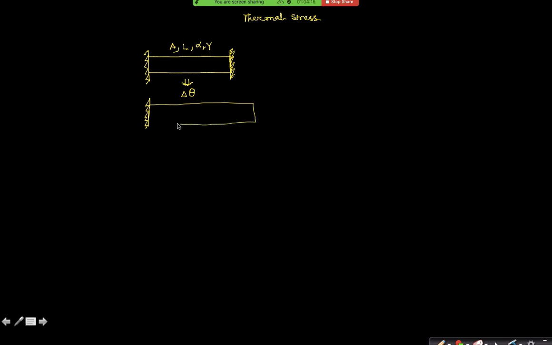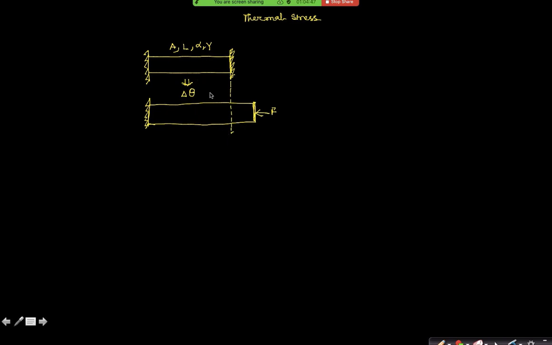If it were free to move, the rod would have increased its length. Now, as the rod is not free to move, can I say that this wall is actually pushing this rod with a force such that it has changed its length from here to here?